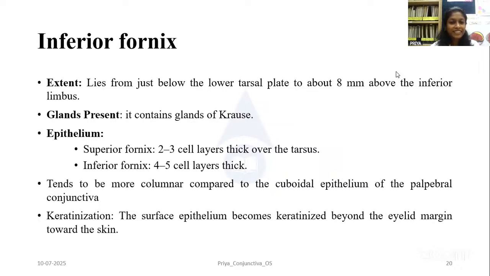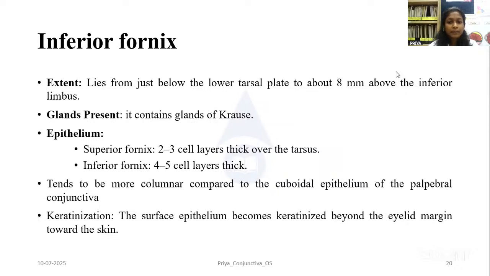Epithelium. Superior fornix: 2 to 3 cell layers thick over the tarsus. Inferior fornix: 4 to 5 cell layers, tends to be more columnar compared to the cuboidal epithelium of the palpebral conjunctiva. Keratinization.